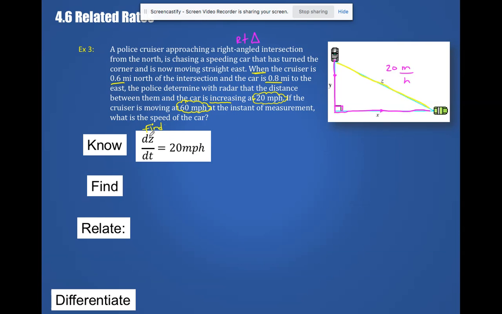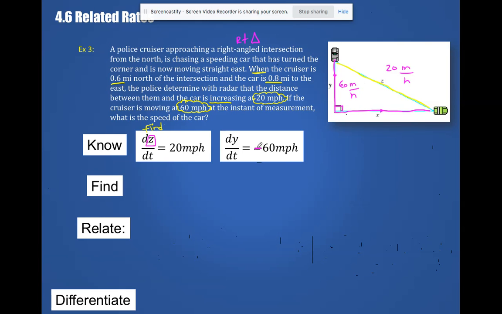That's a rate. But I had another rate, didn't I? They told me that the police car was going at 60 miles per hour.